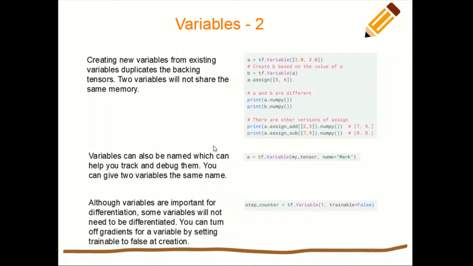Okay, now another thing about the variable is, if we name the variables and give them good names, or names which are helpful in telling the purpose of that particular variable, then it is easier to track and debug them.